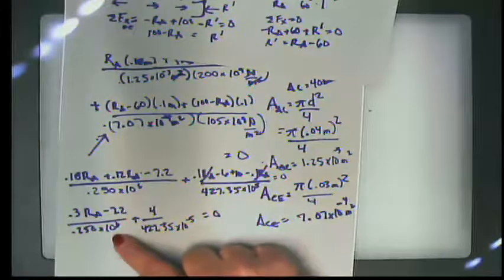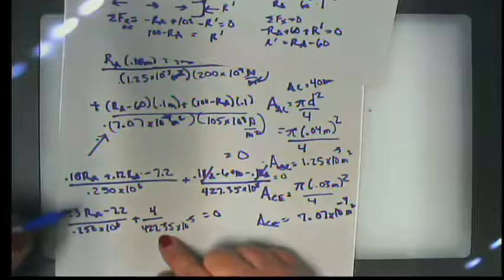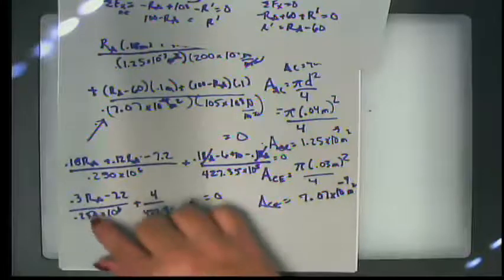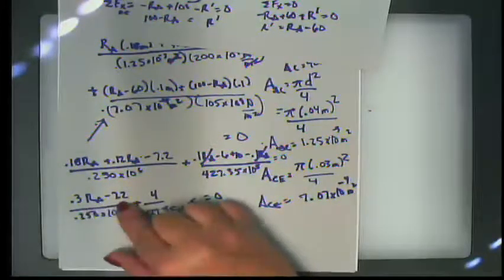Can I solve this equation for R sub A? Absolutely. I can find a numeric value here, bring it over to this side of the equation. I could also just get rid of this numerator by dividing it through.